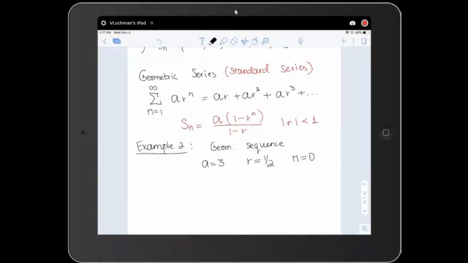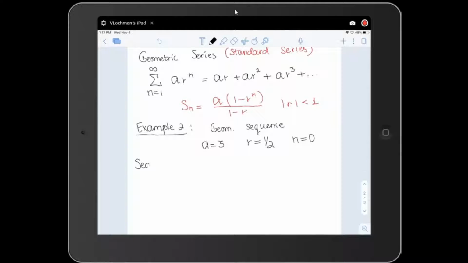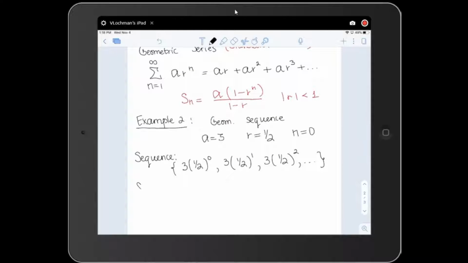So what does it mean? What does my sequence look like? The sequence looks like this. It's 3 times 1/2 to the 0, 3 times 1/2 to the first power, 3 times 1/2 to the second, and so forth. That's what my sequence looks like. What about the series?